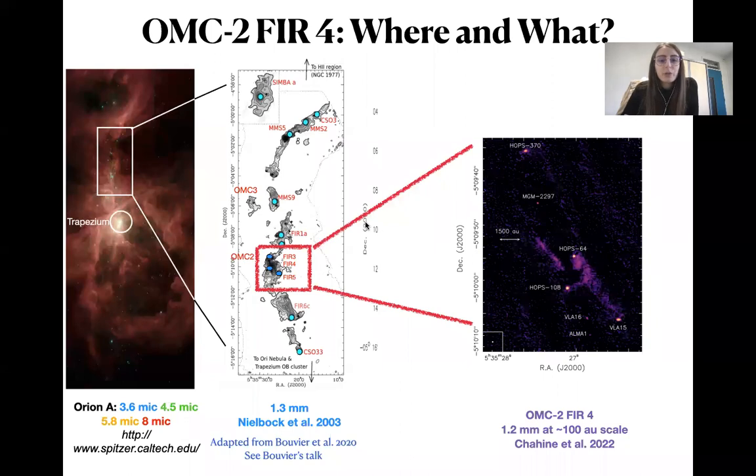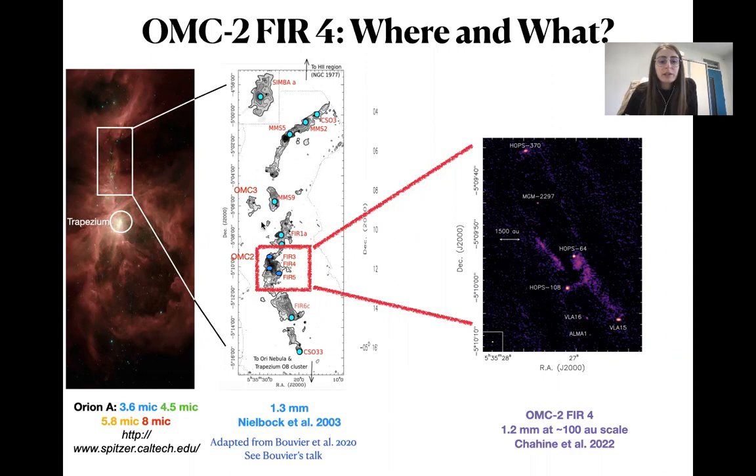To find OMC2 FIR4, we have to go to the Orion Nebula, particularly the Orion A cloud that I show here. You can see there is this filament that looks very dark in infrared. It's called the Integral Shaped Filament.